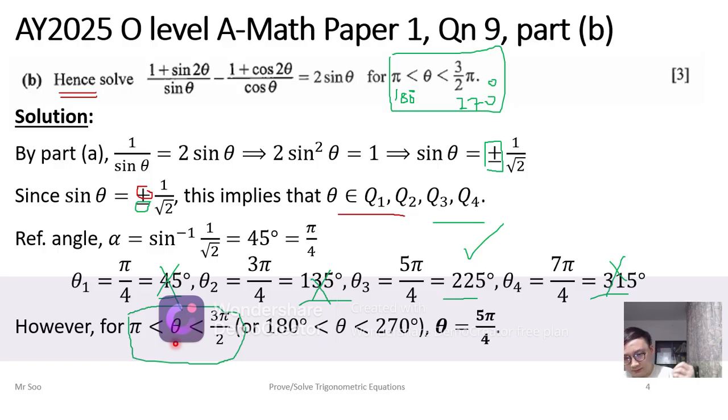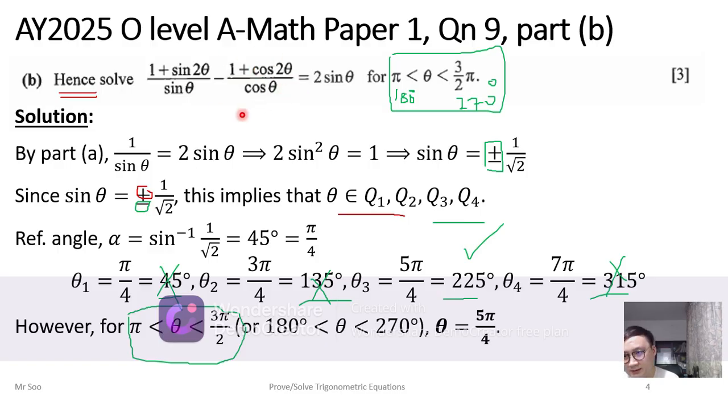The last step that you may want to do is a sanity check. You plug 5 pi over 4, or 225 degree, into the expression: 1 plus sine of 10 pi over 4, because 2 times 5 pi over 4 is 10 pi over 4, divided by sine 5 pi over 4, minus 1 plus cosine 10 pi over 4 divided by cosine 5 pi over 4.